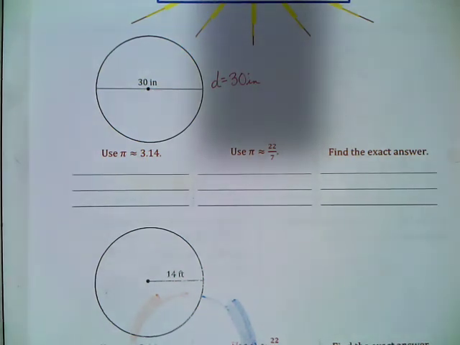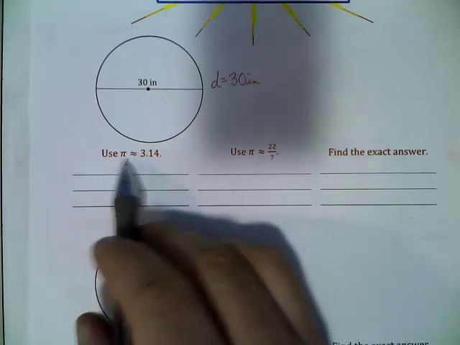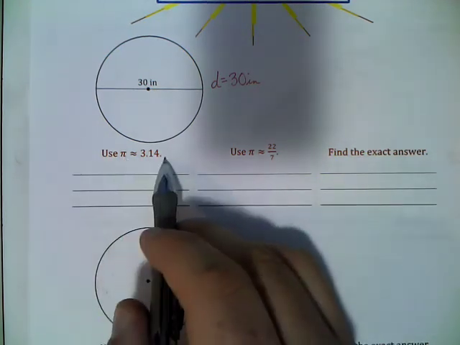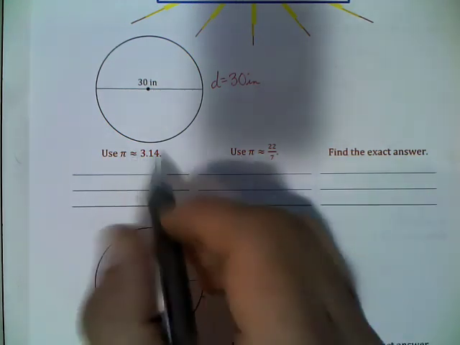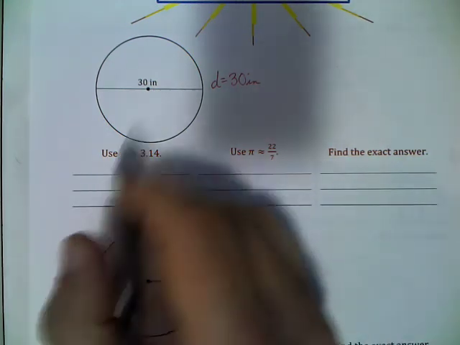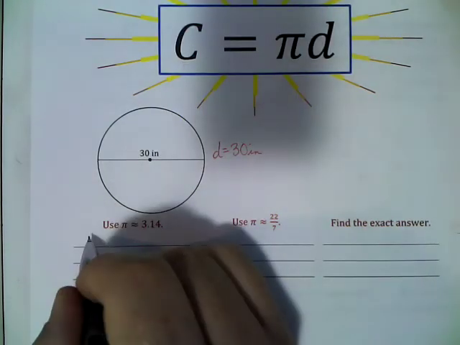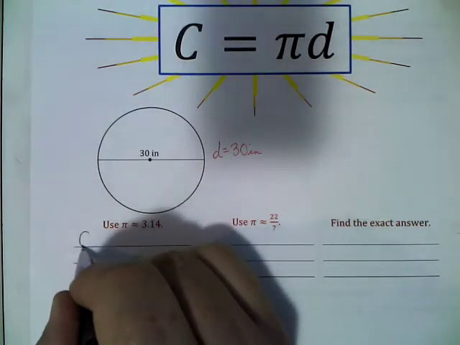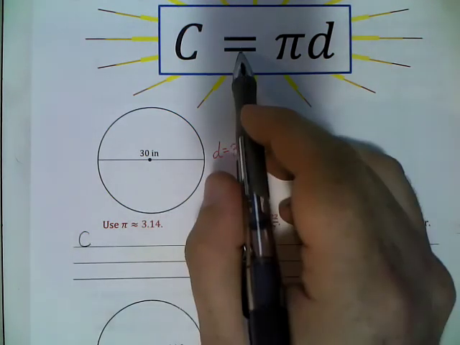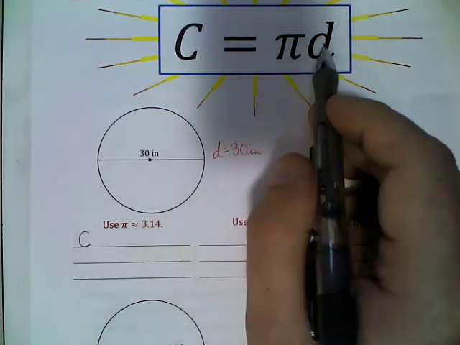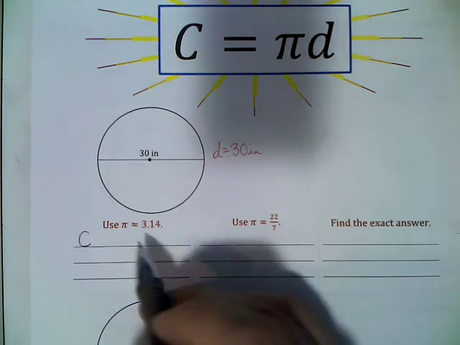So we're actually going to find the circumference 3 different times. The first time, we're going to approximate using 3.14. In order to do that, what we're going to start with is C in my formula. So I'm trying to calculate C, and it says C equals pi d. So pi, we're going to approximate.